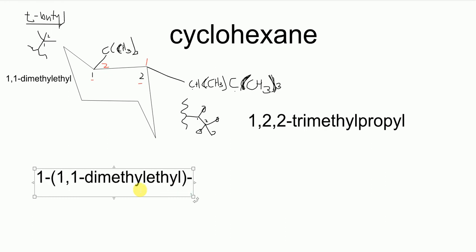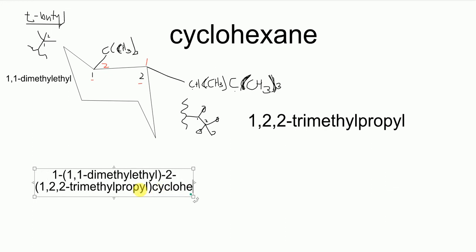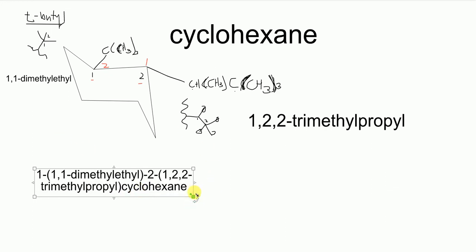Then another dash, then 2, because that's the position on the cyclohexane. And then 1,2,2 trimethylpropyl. And then I have to add the cyclo part because it's not a hexane, this is a cyclohexane.